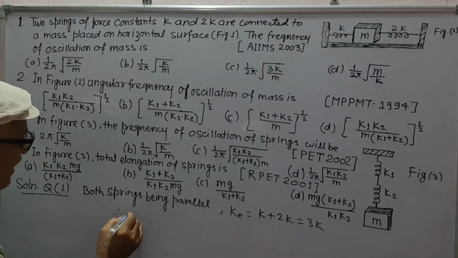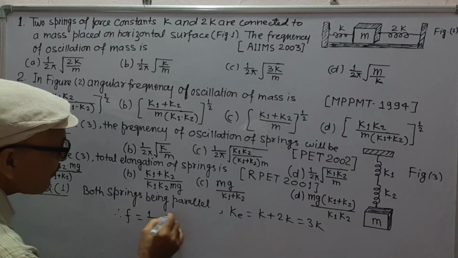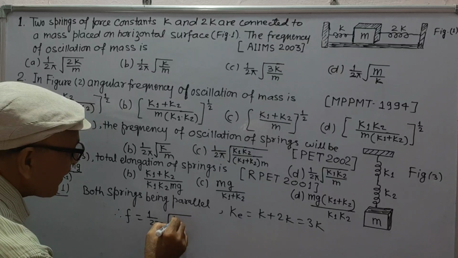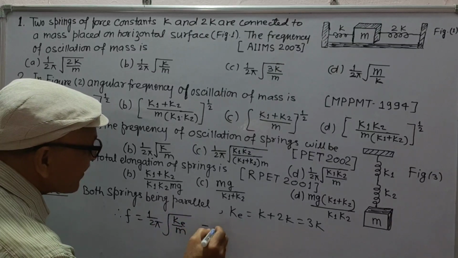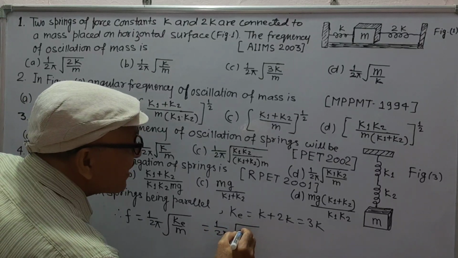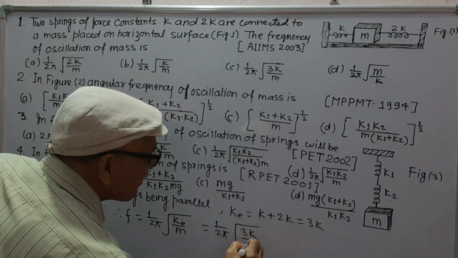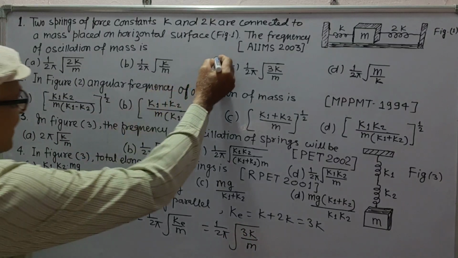Therefore, the frequency of oscillation will be equal to 1 upon 2 pi under root K effective upon M, which is 1 upon 2 pi under root 3K upon M. So, the correct option will be C.